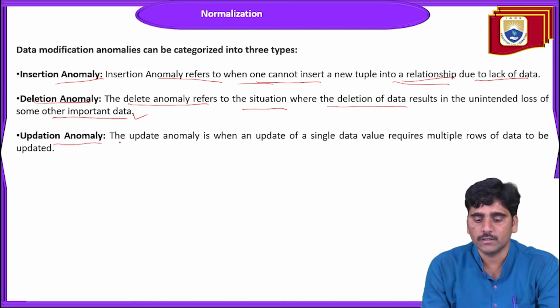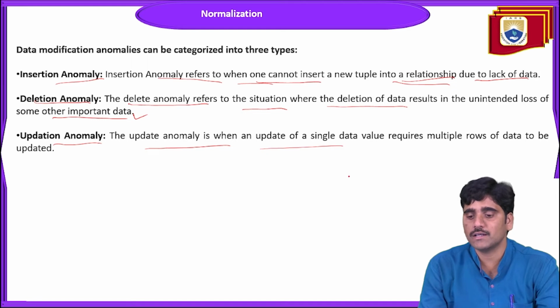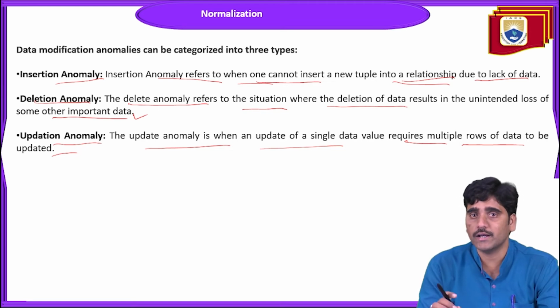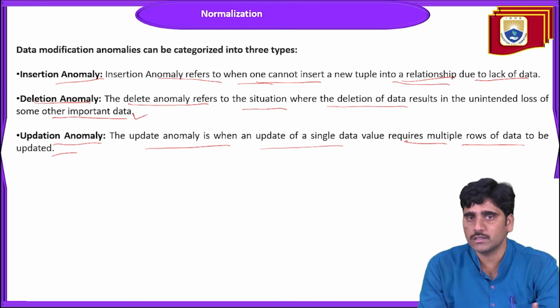And the update anomaly. The update anomaly is when an update of a single data value requires multiple rows of data to be updated. Without mentioning any WHERE clause or condition, the update will change all the values in the table.